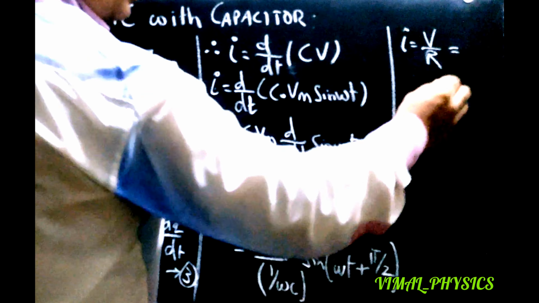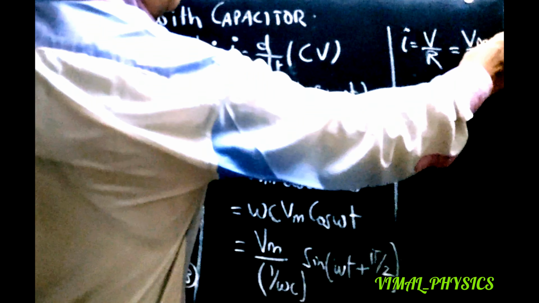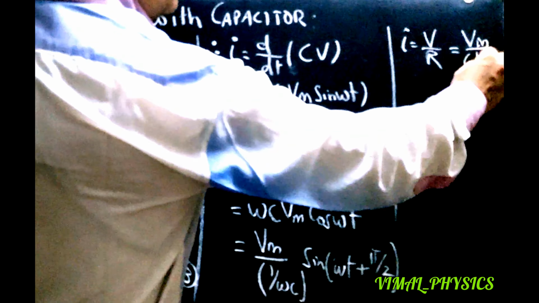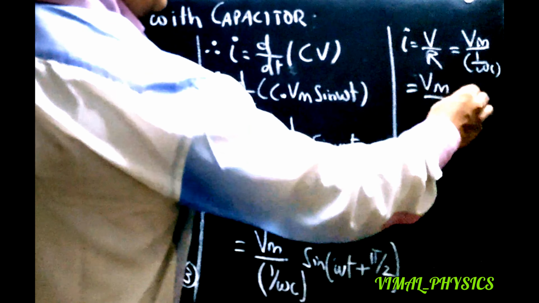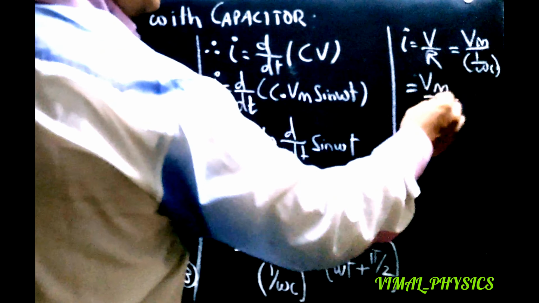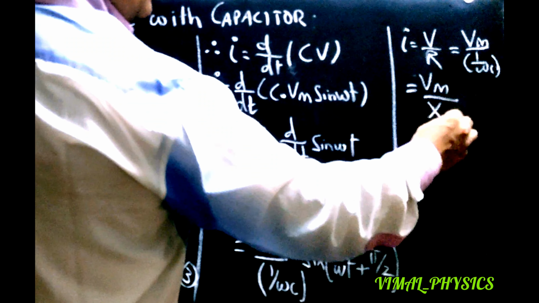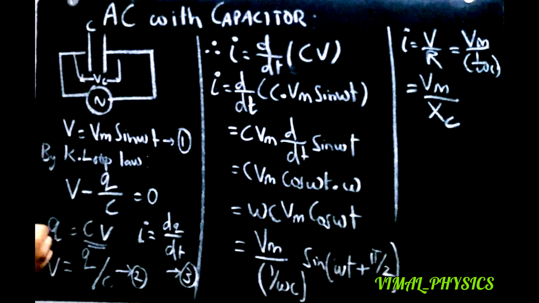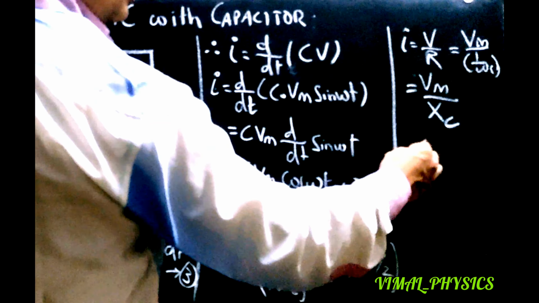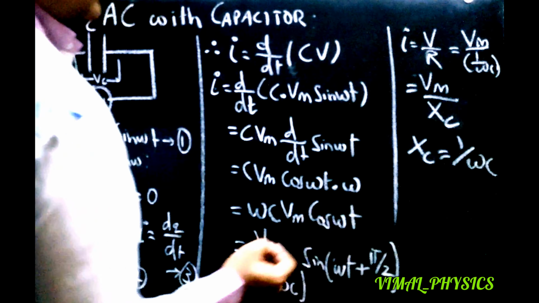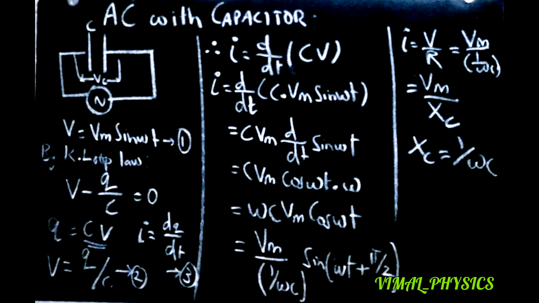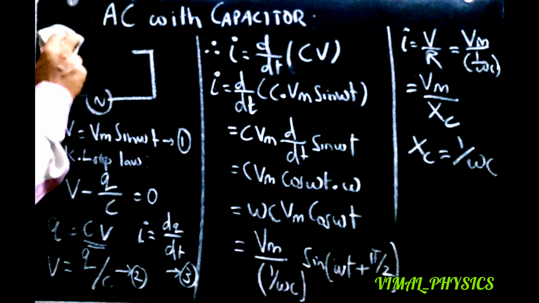Then we are using Ohm's law. I is equal to V by R, which is nothing but V by 1 by omega C. That 1 by omega C, I take it as Xc, where Xc we call capacitive reactance. So, Xc is equal to 1 by omega C is the expression.